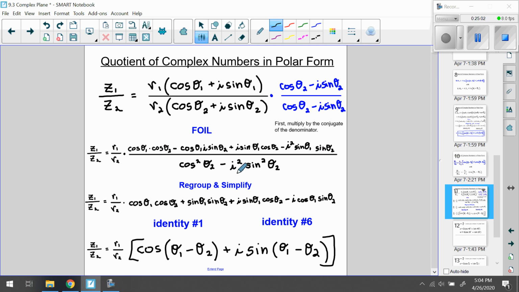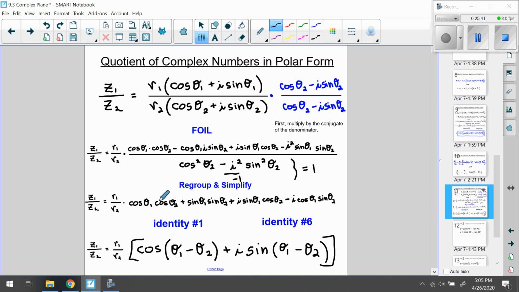And then on the bottom, since it's a difference of squares, you get cosine squared theta 2 minus I squared sine squared theta 2. And then you might remember that I squared is the same as -1. So when you simplify this, you end up with just cosine squared theta 2 plus sine squared theta 2. So all that's just equal to 1. So this whole thing here is just equal to the number 1. And so that's why on this step, there's no more denominator. And so then I just regrouped and simplified the numerators and was left with this.